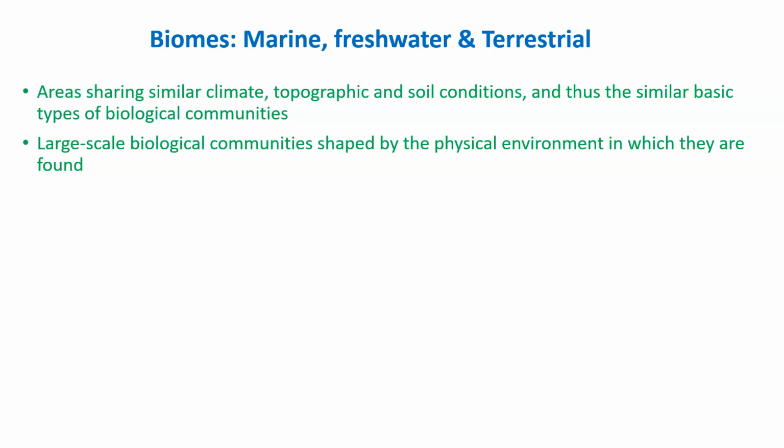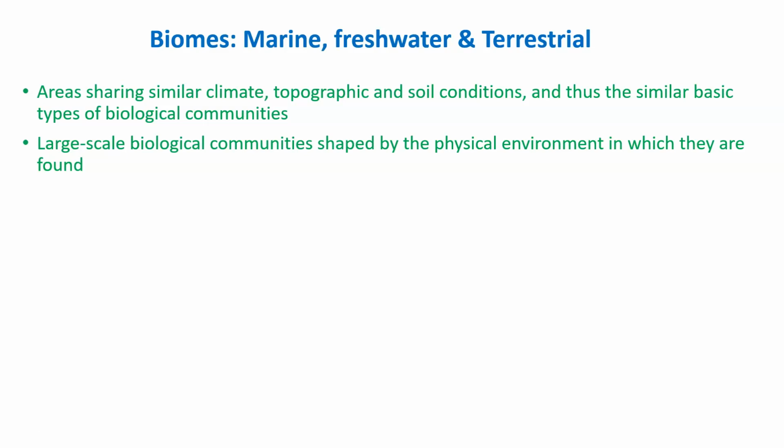Areas that are similar in terms of climate and topography, and what is topography? It's a geographic variation, which is also considered topography. Having similar soil conditions tends to host similar types of biological communities.